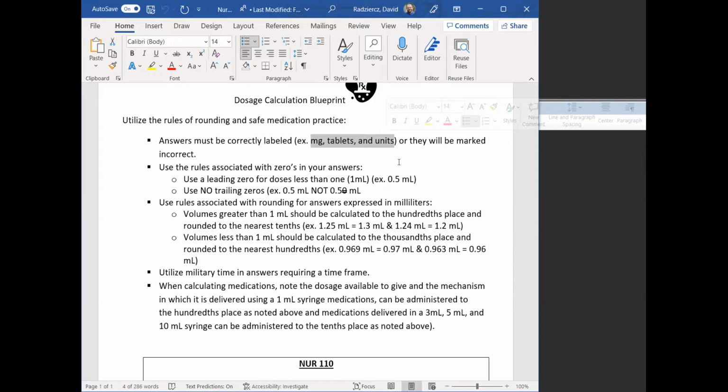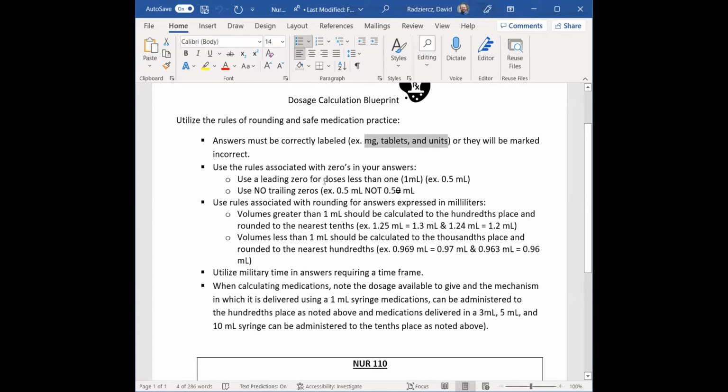With zeros, you have rules associated with where you put them. It's important to make sure that you don't use leading zeros when they're not necessary, or trailing zeros when they're not necessary. You would use a leading zero when you're dealing with things that are less than 1.